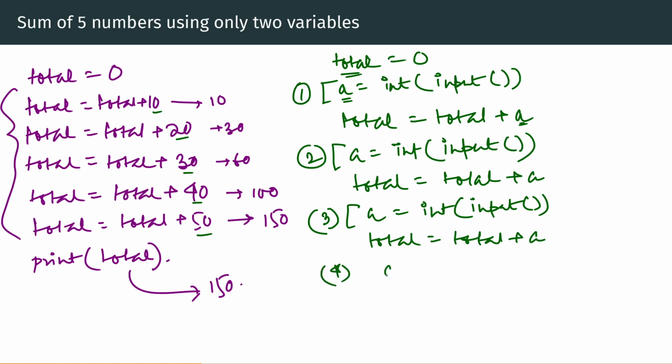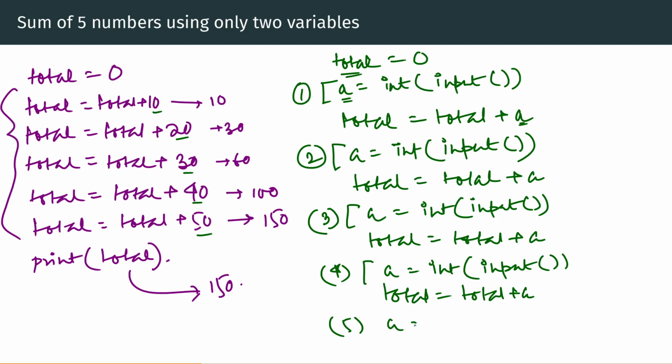Fourth one, a equals int input, total equals total plus a. That's our fourth one. And finally, the last one, a equals int input, and total equals total plus a.